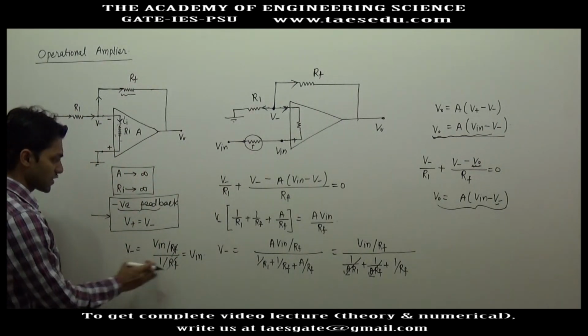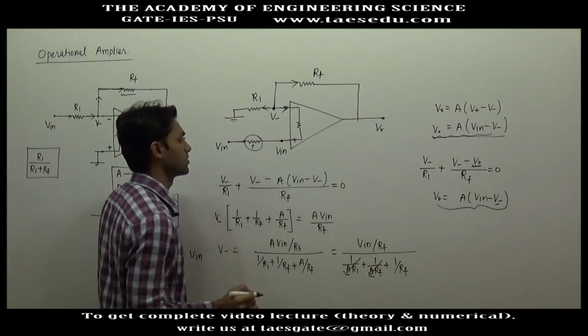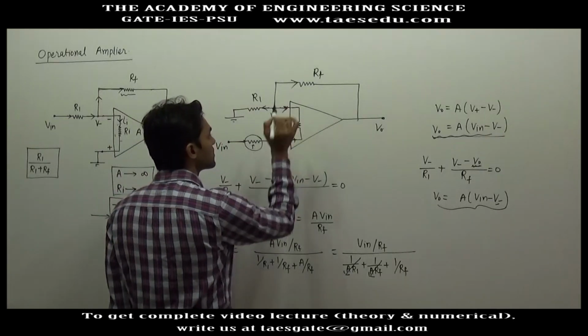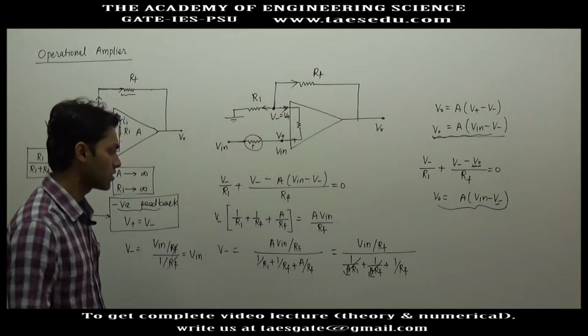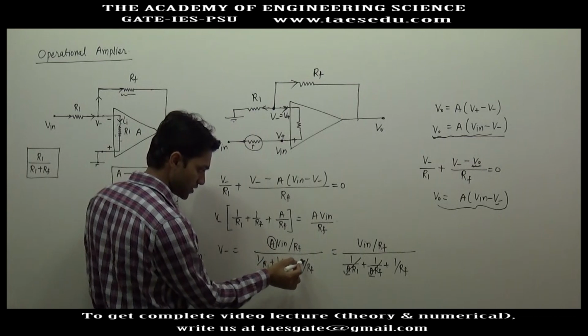Why are you getting V minus as V input? Because V plus is equal to V input. So in general, if you have V plus here, V minus will become V plus. And what is the reason? The reason is this quantity tends to infinity.